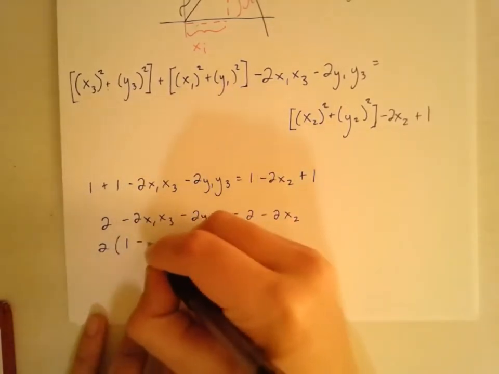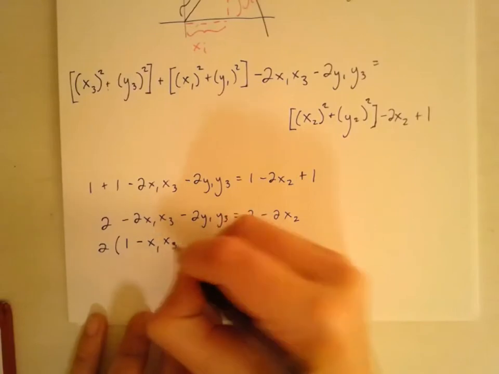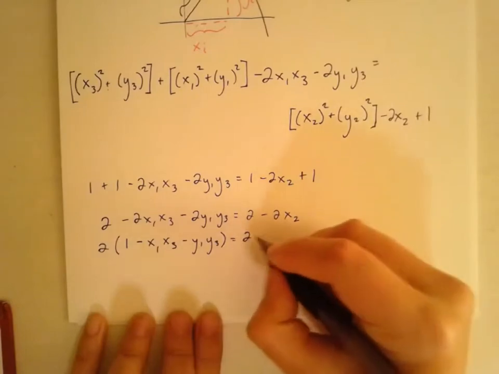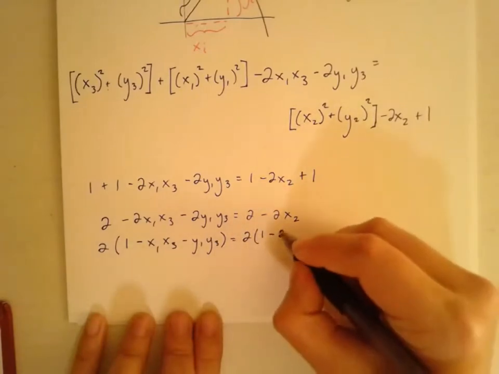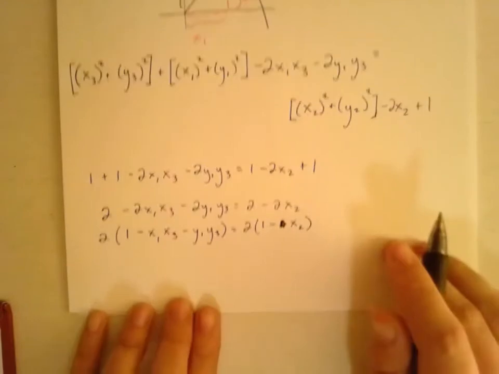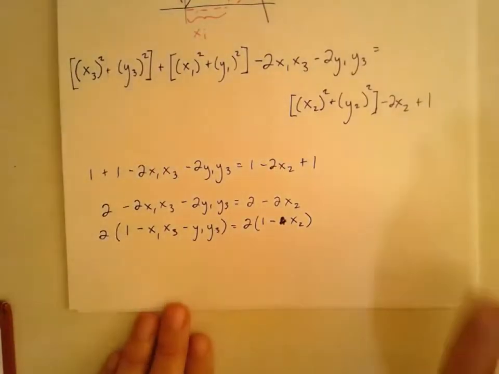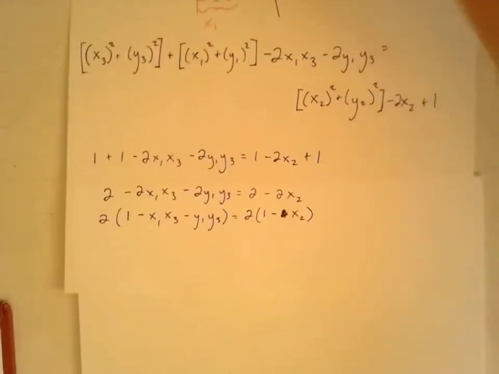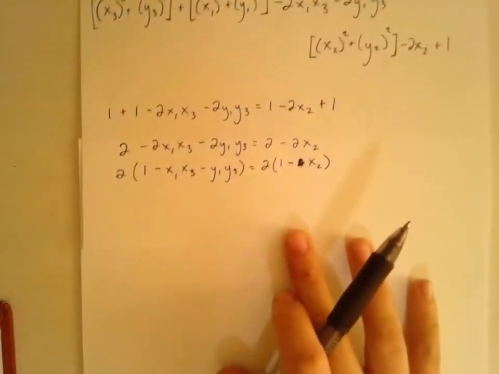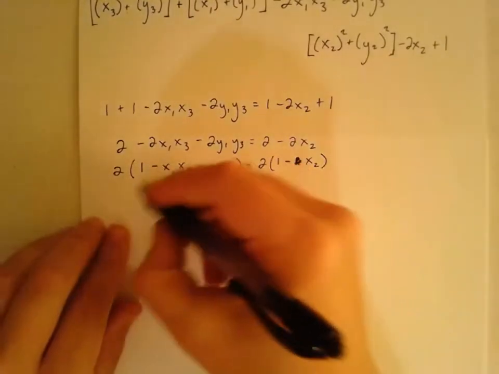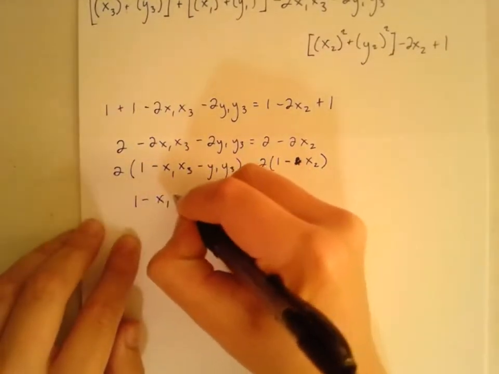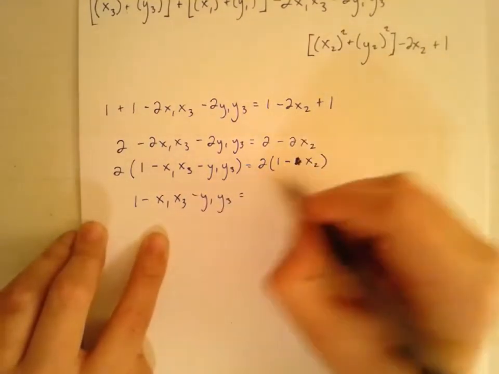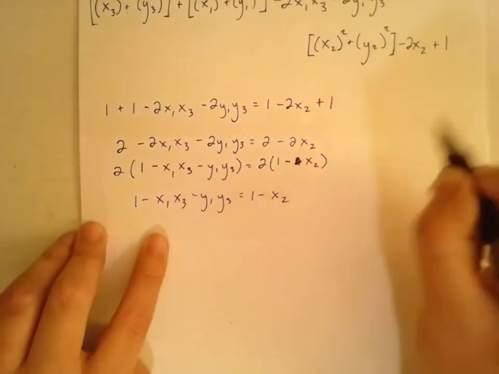I get 1 minus x1, x3 minus y1, y3 equals a 2 outside 1 minus x2. And then I can divide by 2 on both sides to really just move that thing out of my whole equation. Let me get some more room here. And then what I get is 1 minus x1, x3 minus y1, y3 equals 1 minus x2.